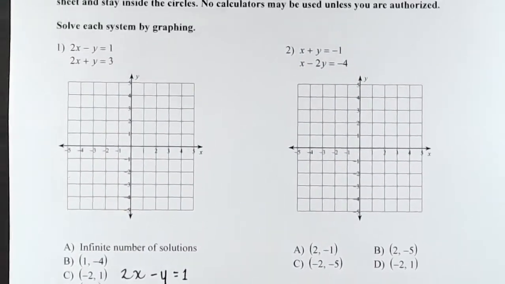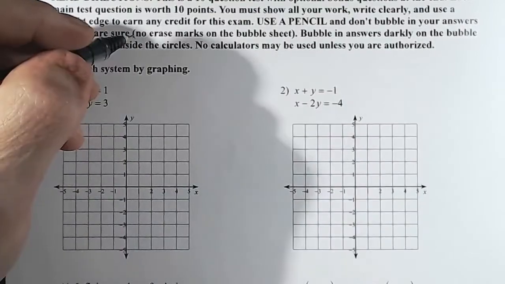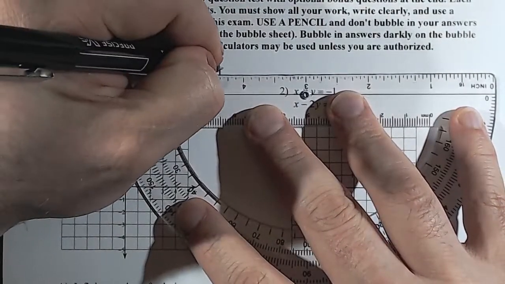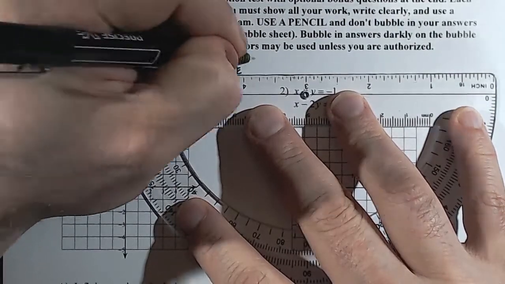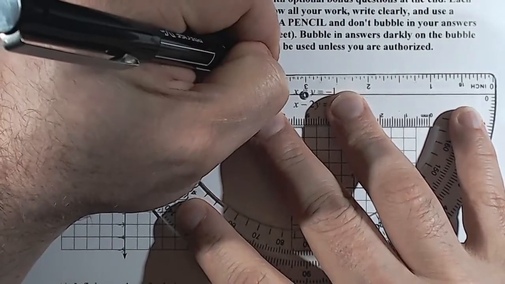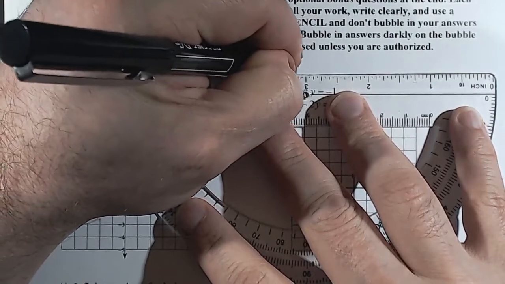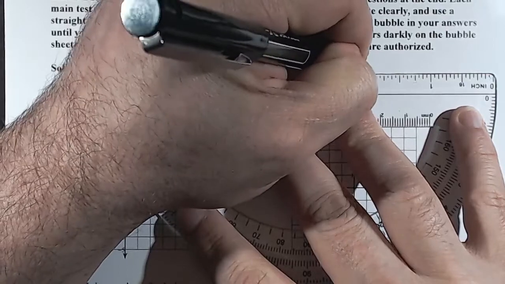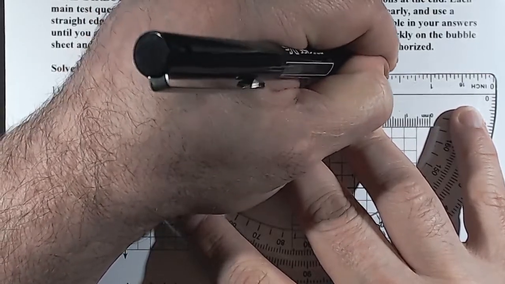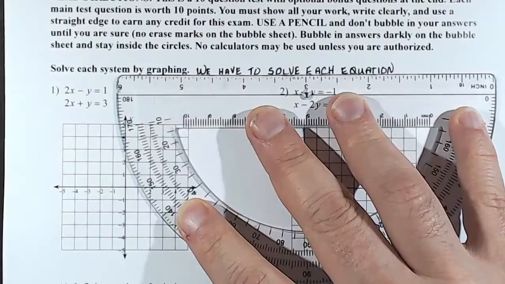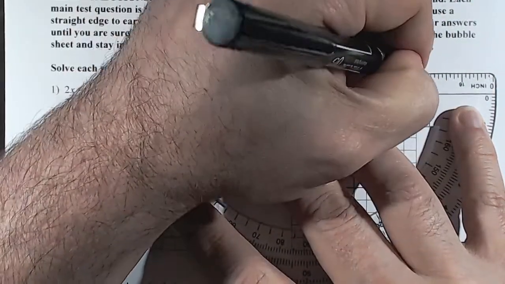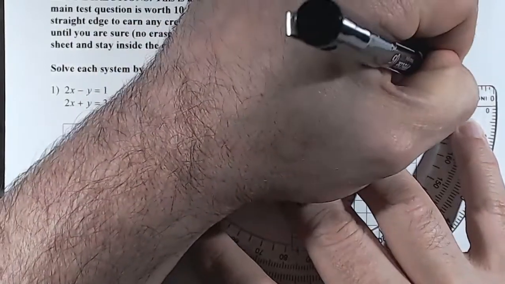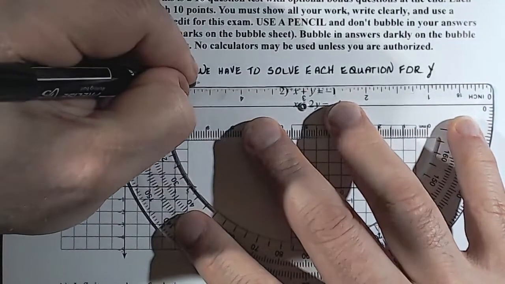Now, when we're solving systems by graphing, we have to solve each equation, and I'll move my hand here in a second. I can't help being left-handed. We have to solve each equation for y in slope-intercept form.